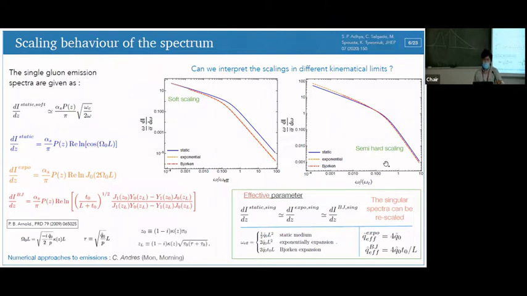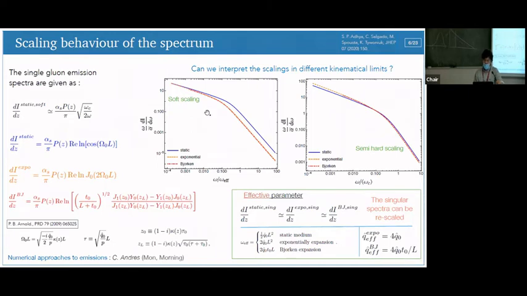So I call this semi-hard scaling for different kinds of media with each other. But when you take some effective values, what you do for the effective ones is you start with the single gluon emission spectra, compute them, take the very singular limits and try to scale them with each other, and you have these effective values for the omegas, or basically these effective values for the quenching parameter.